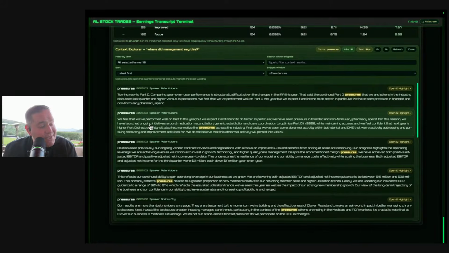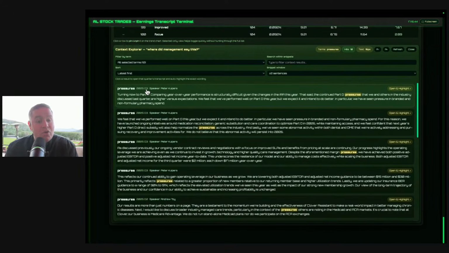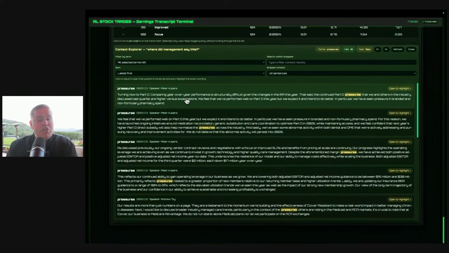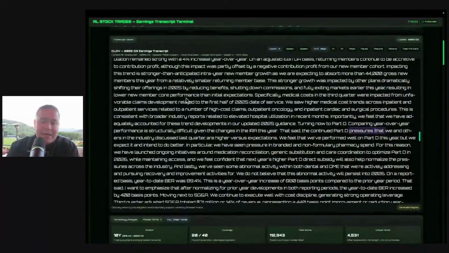And it breaks it down to the year, the quarter in which it's said, and the speaker who said it. So let's say we want to look at the first one. You click on this and it automatically loads that section of where they said pressures.